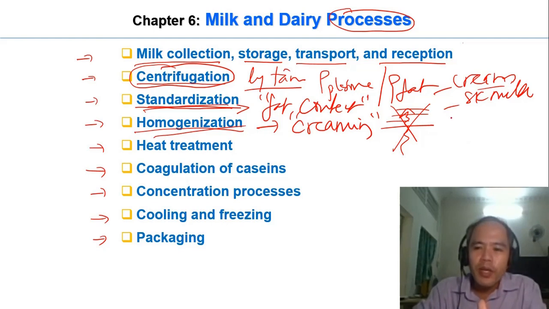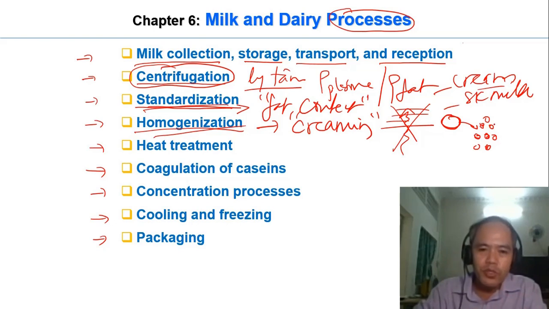The principle is that we reduce the size of fat globules. We deform and then change them into many smaller fat droplets. Then the separation is reduced strongly. This is the main objective. Homogenization là đồng hóa, còn standardization là chuẩn hóa.